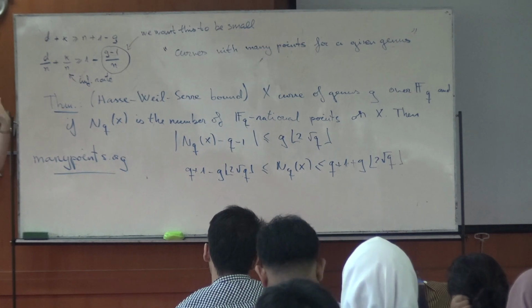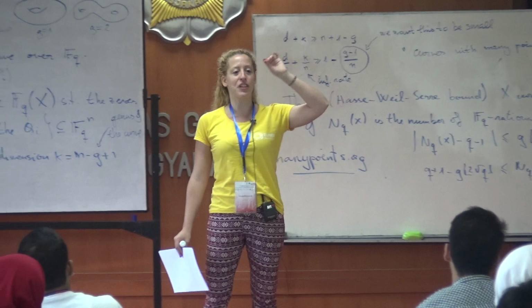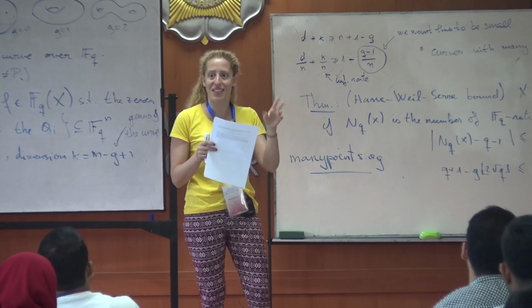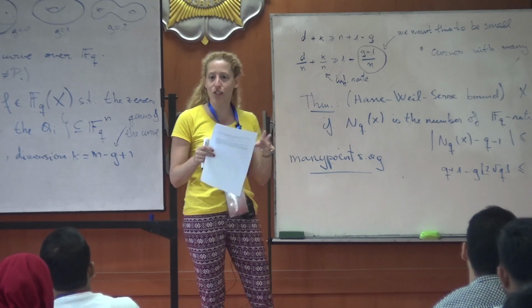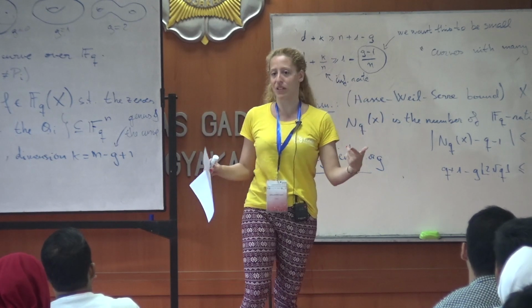Do you remember that last week I told you about those pages in which you have tables with codes? You fix the dimension and the length, and then it tells you the maximum minimum distance that you can get and how to construct the code. In this way you can look for codes with good properties.